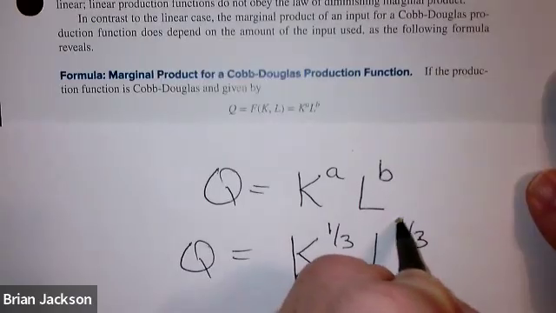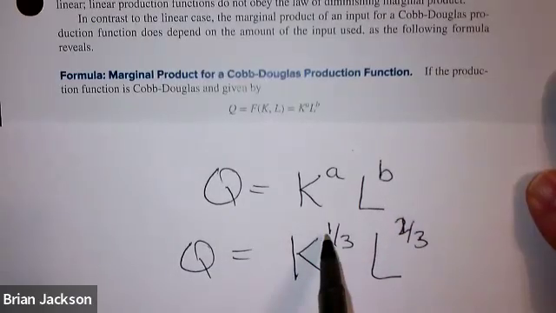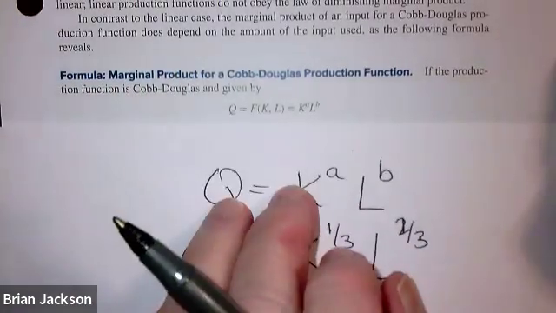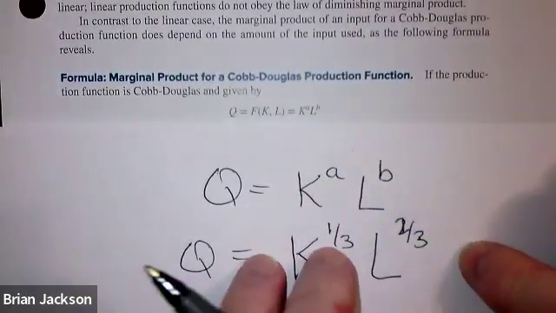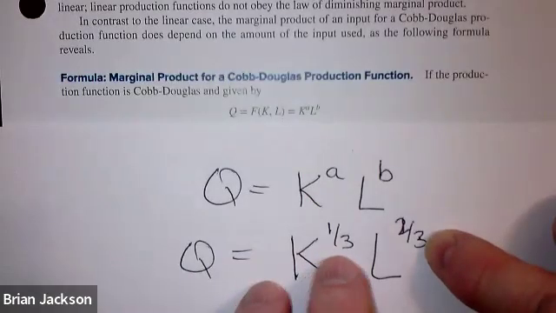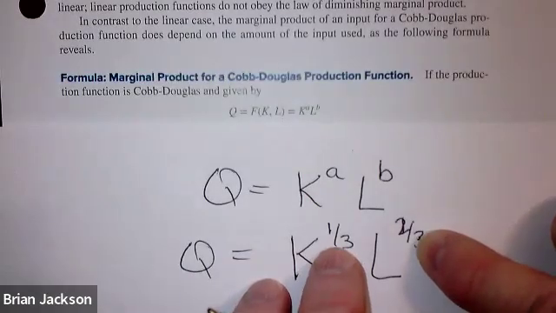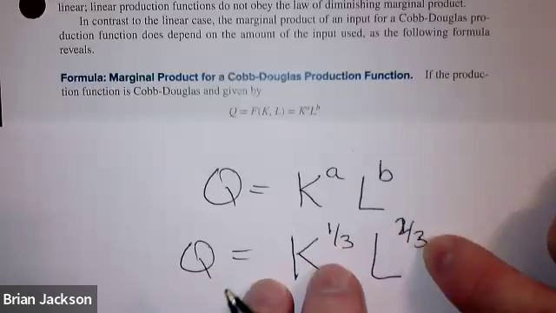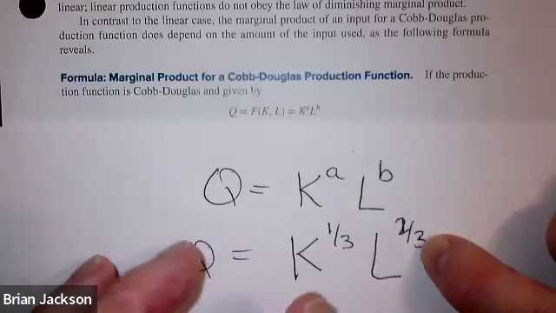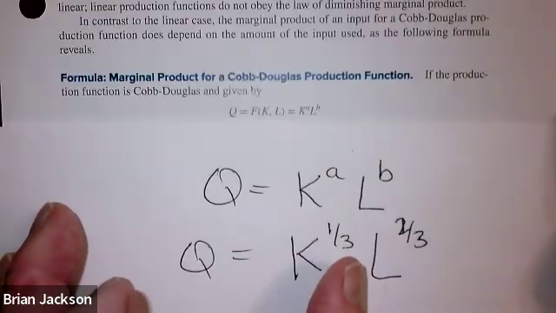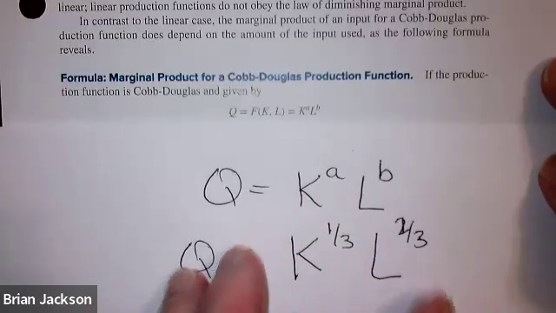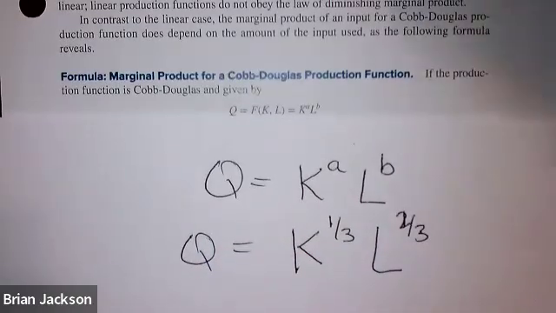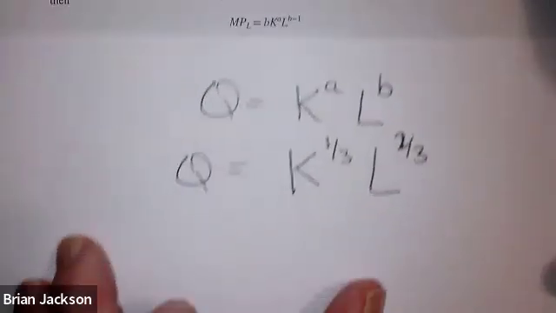Usually, these two exponents add to 1. When they add to 1, they have special properties. They don't have to. This could be K squared L cubed, but when these exponents add to 1, it becomes even more real world. You see this out there in industry and lots of places. Before the course is over, I may be able to give you a little more explanation of this. But we can work with this.